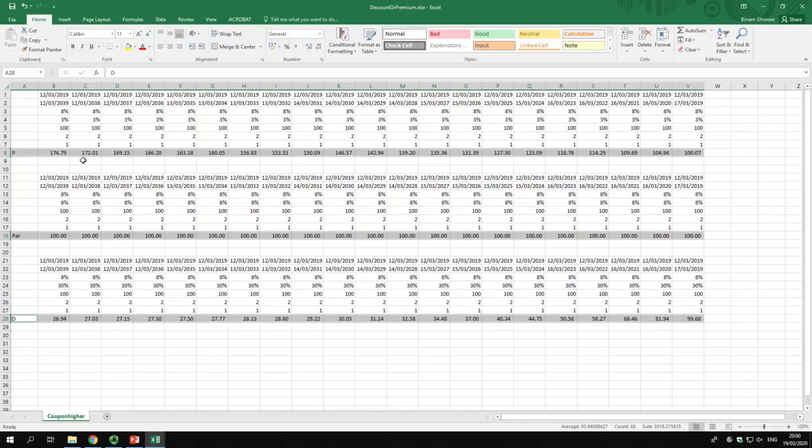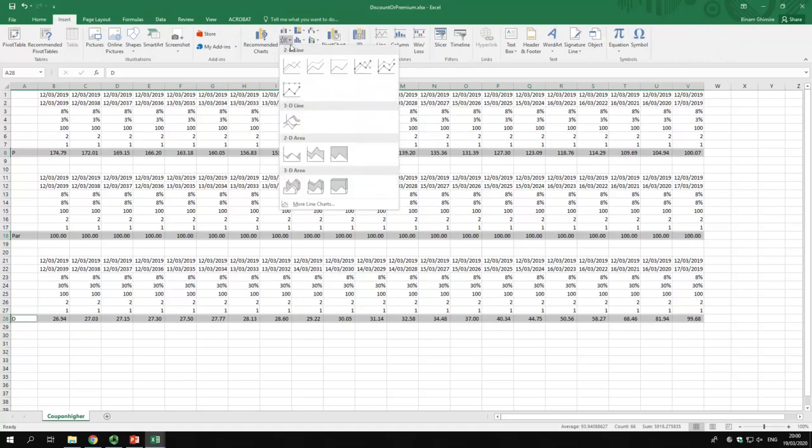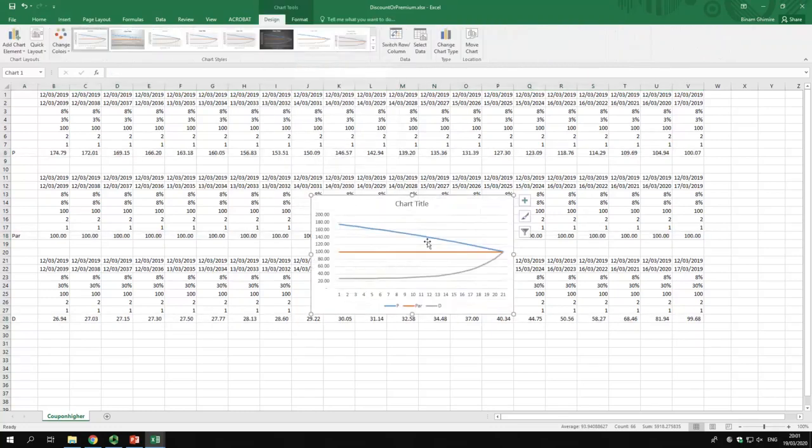Now when I highlight all this, I can make the graph, and you can see this is the shape of the graph. The bond selling at premium is the blue, at par is this orange, and the gray is the one selling at discount. But you see, closer to the maturity, they all have the price very close to the bond price, and in the end it's almost the same.